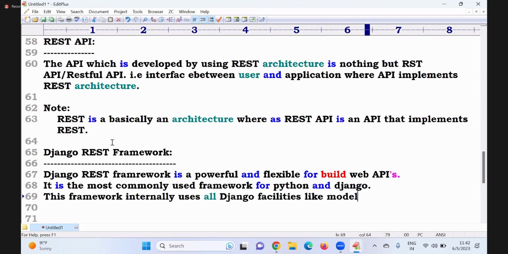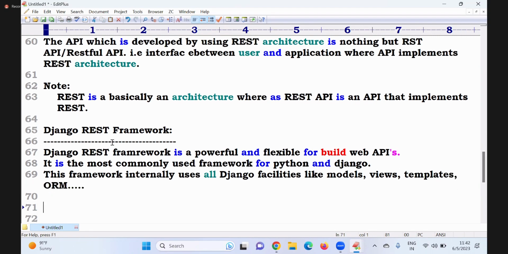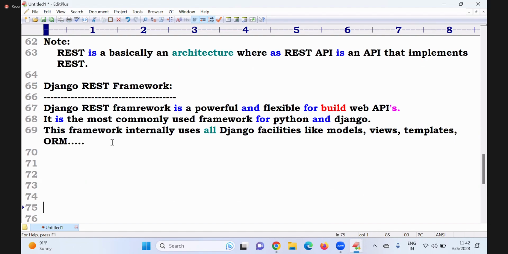Like in Django, we know these terms: models, views, templates, and ORM. All these can be accessed in this REST framework. Everything we are working with there is the same.